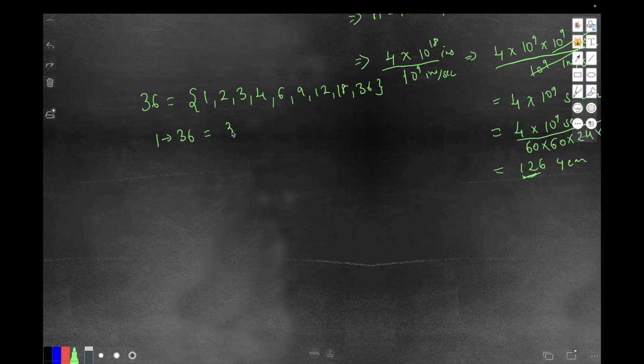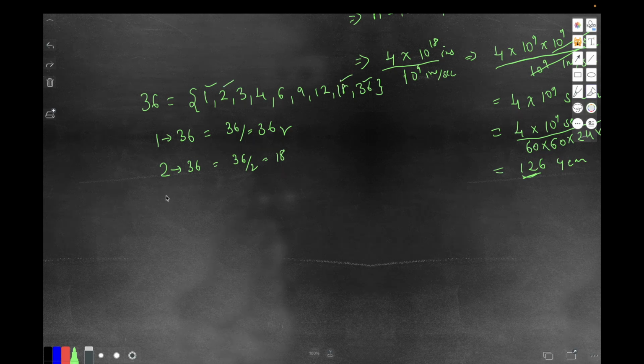If I divide 36 by 1, I get 36. Can I say 36 is also a factor of 36? Yes. 2 is a factor of 36. If I divide 36 by 2, I get 18. Can I say 18 is also a factor of 36?